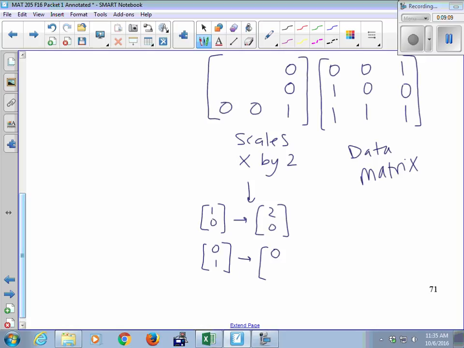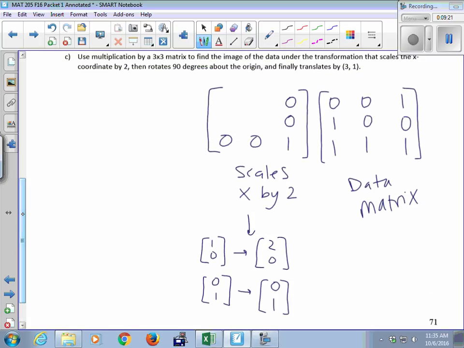We're just scaling the x-coordinate by 2. So 0 times 2 is still 0, and we're not changing y. Those are the columns of your standard matrix. So those are the columns that go into the blank spaces of this scale x by 2 matrix. So I've got a 2, 0, and a 0, 1.